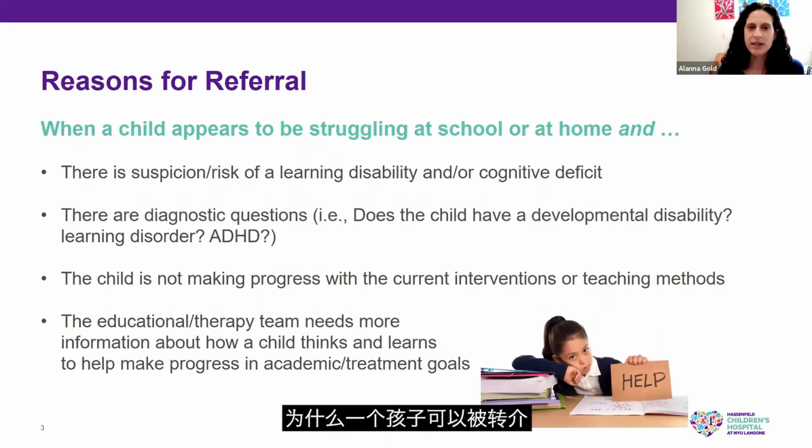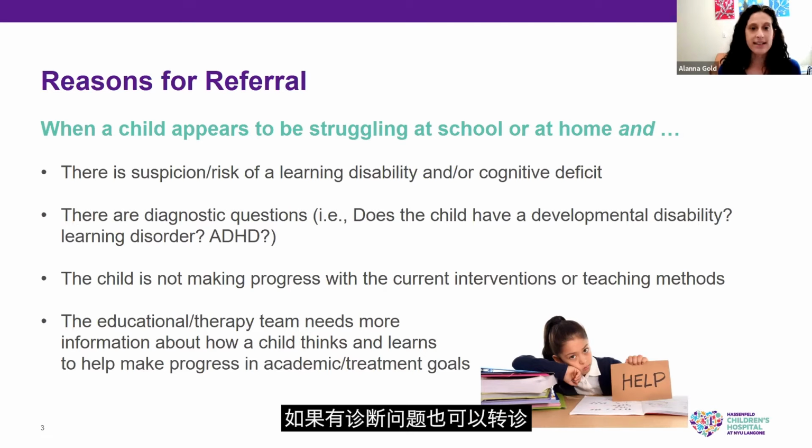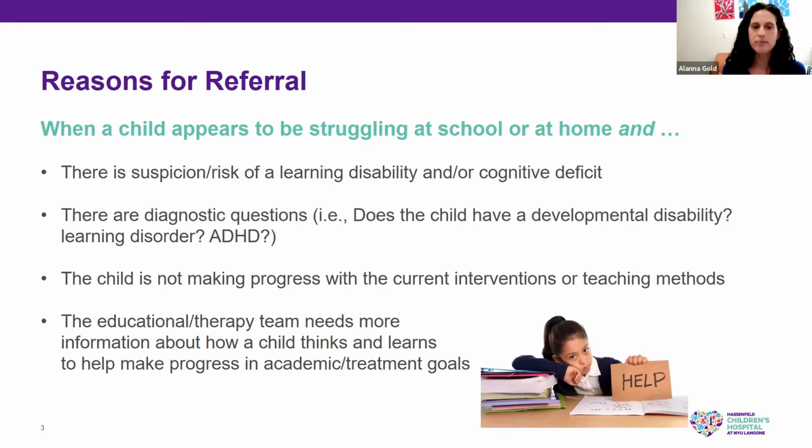Why may a child be referred for a neuropsychological evaluation? Well, if a child appears to be struggling at school and at home, they may be referred for a neuropsychological evaluation if there is suspicion or they're at risk for a learning disability or cognitive deficit. They also may be referred if there are diagnostic questions, such as, does this child have a developmental disability, a learning disorder, ADHD?